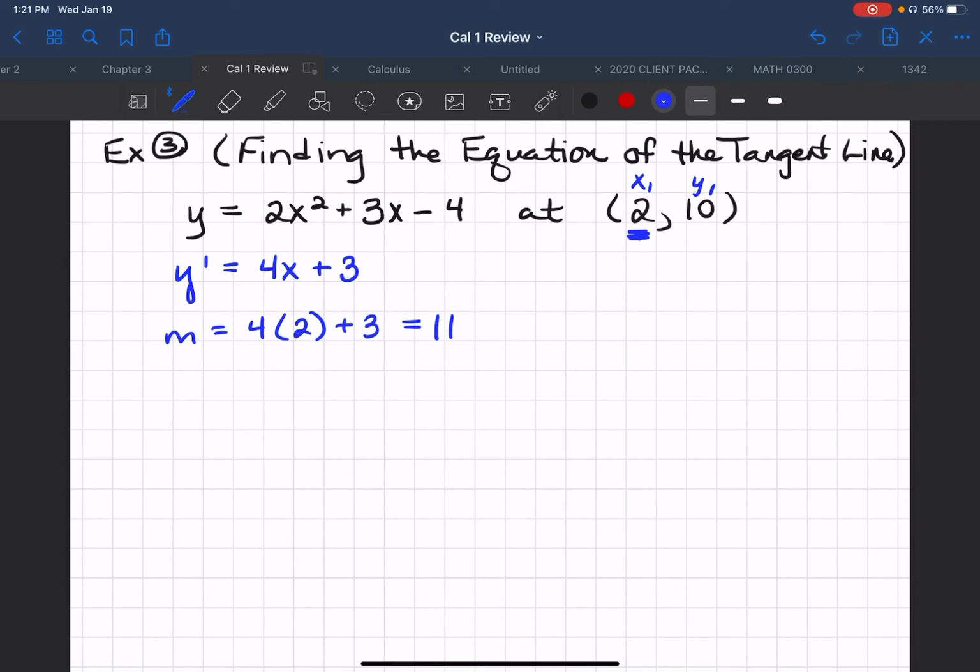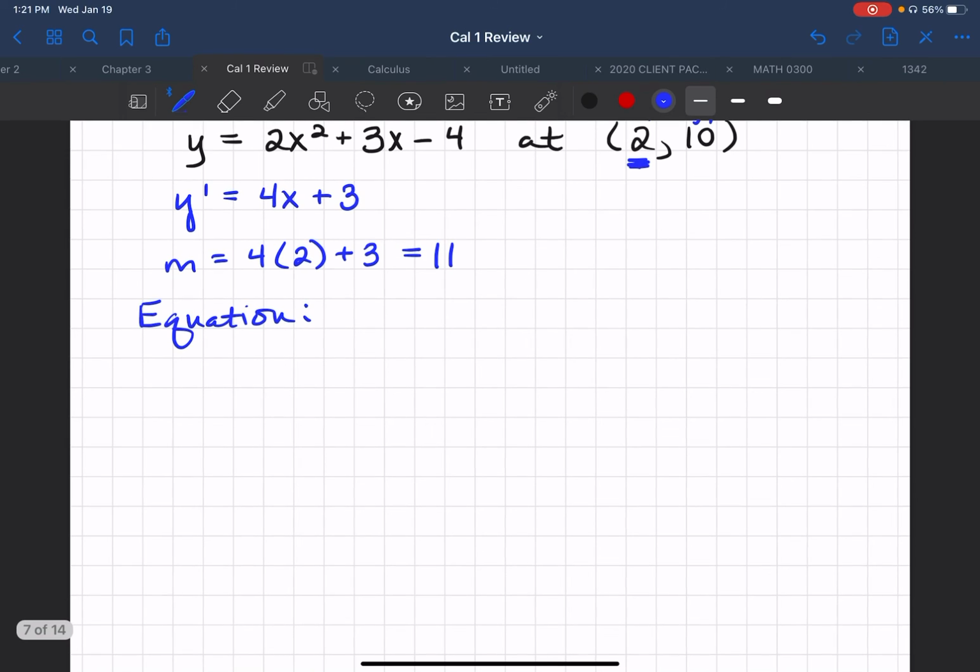Now to find the equation of the line, we can do a couple of methods. I usually fall back on the point-slope form, which is y minus y1 equals m times x minus x1. You can also do slope-intercept form and find b. Either way is fine, you'll get the same answer. So I'm just going to do the point-slope form.